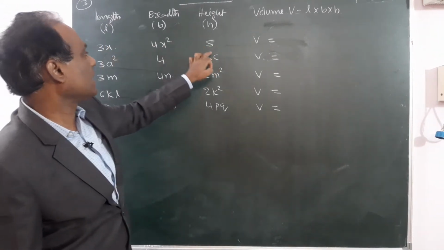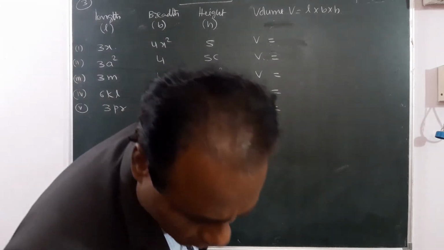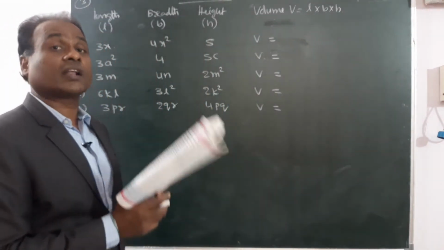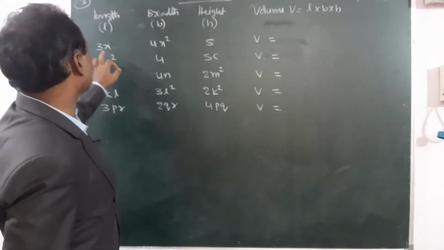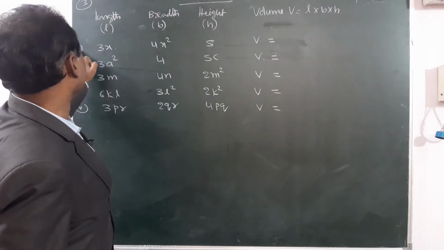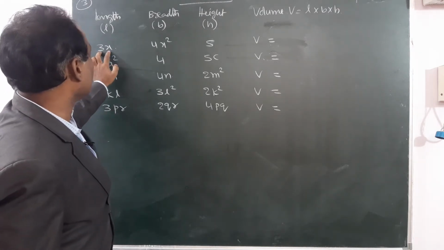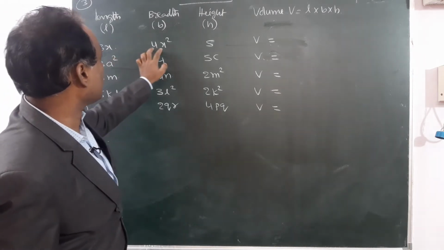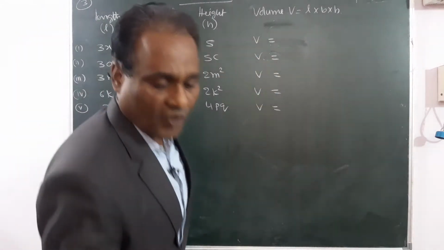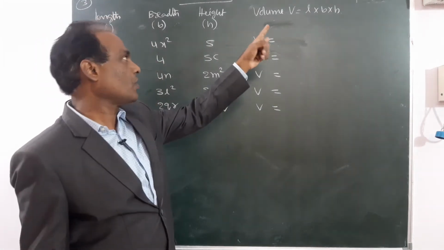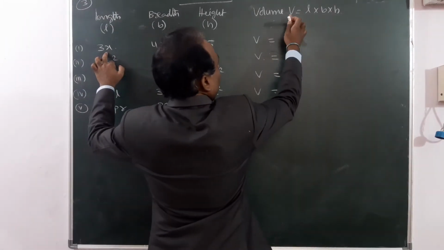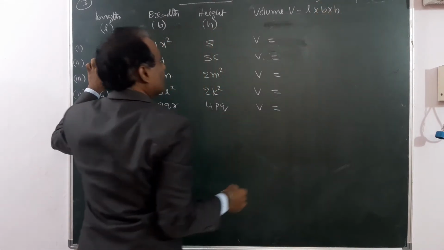Say this is a cuboid, so find the volume of a rectangular box or cuboid, both are same. There are five different questions. In the first question, the length of the rectangular box is 3x, breadth is 4x square, height is 5. What is the volume? The formula for volume of a rectangular box is length into breadth into height, and the formula is also given in the question.